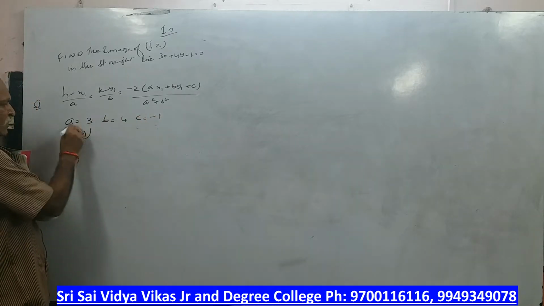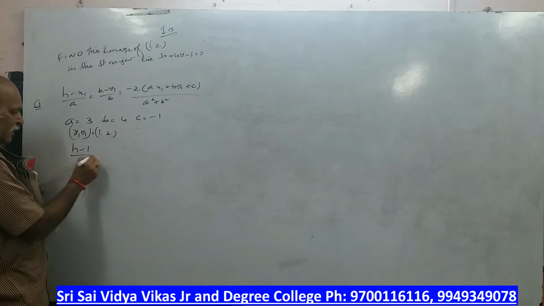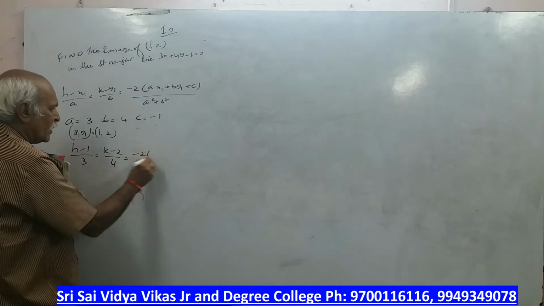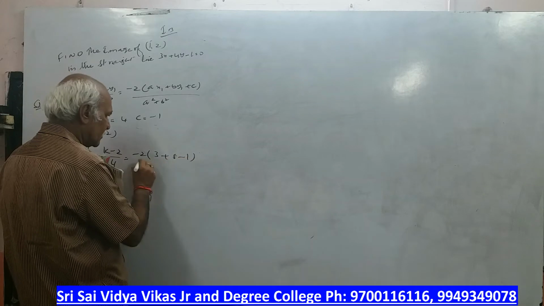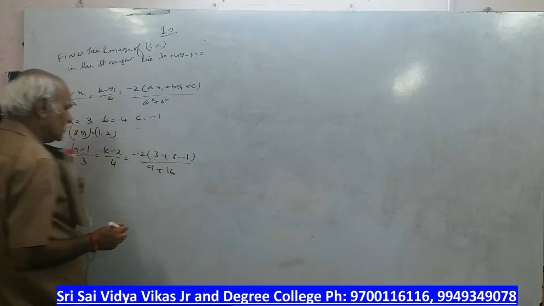What is the x1, y1? 1 comma 2. h minus 1 by 3, k minus 2 by 4 is equal to minus 2 into (a x1 plus b y1 plus c): 3 plus 8 minus 1, by a square plus b square, 9 plus 16. Okay.